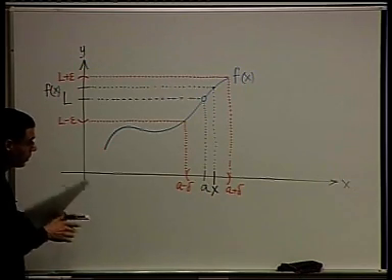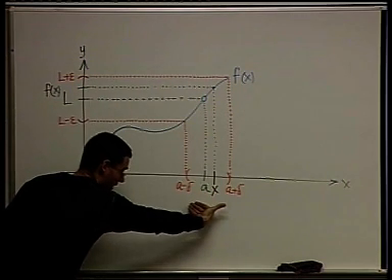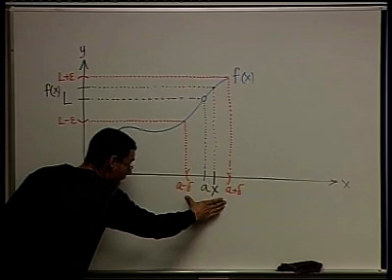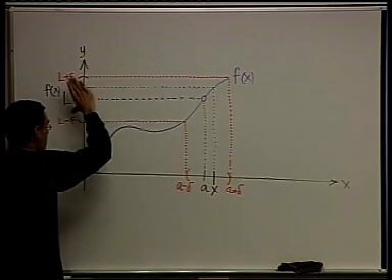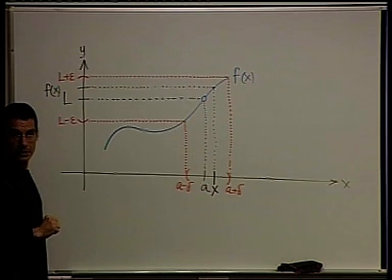Okay? So, for any epsilon, there exists a delta such that if x is in the delta neighborhood of A, f of x is going to be in the epsilon neighborhood of L.